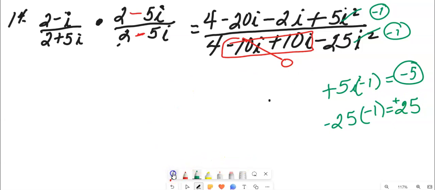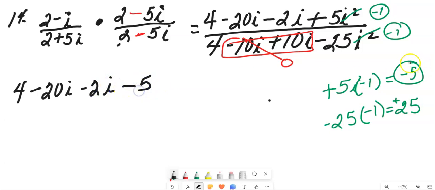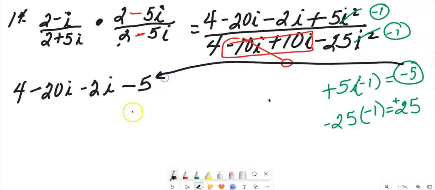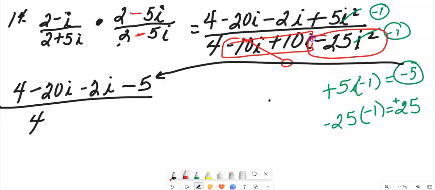So now I'm going to rewrite that. On the top, I have 4 minus 20i minus 2i, and now we have a minus 5, this part here. Now on the bottom we have 4, and now we have to replace this stuff here.